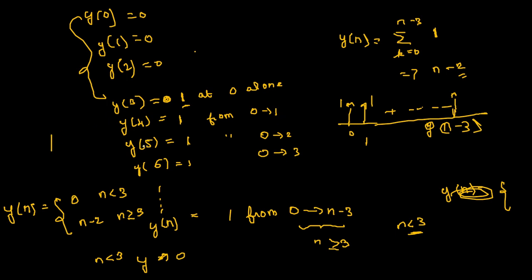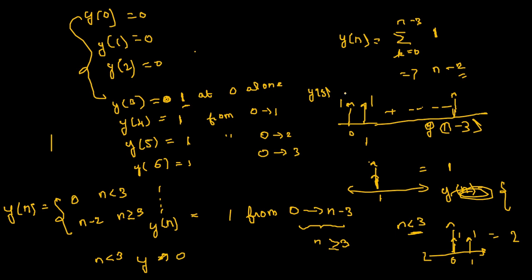To find y of 3, I have to add all the values in the graph. At y of 3, I have a 1 at 0 alone, so adding up all the values I simply get 1. And at 4, I have 1 at 0 and 1 at 1, so the sum of all values is 2.